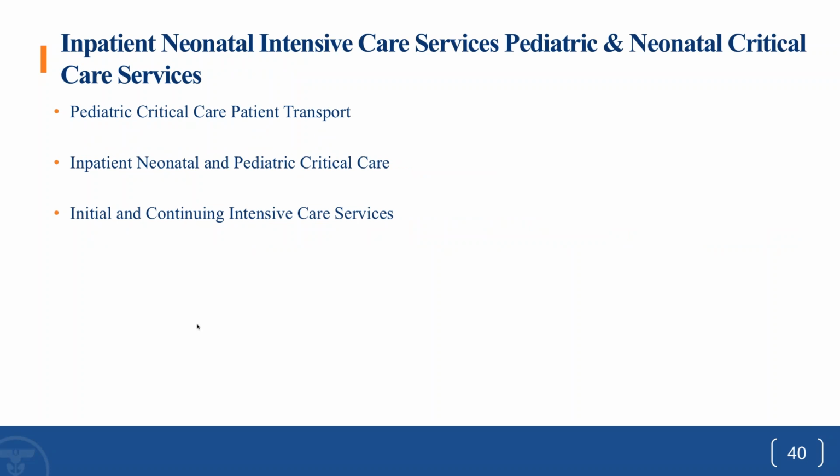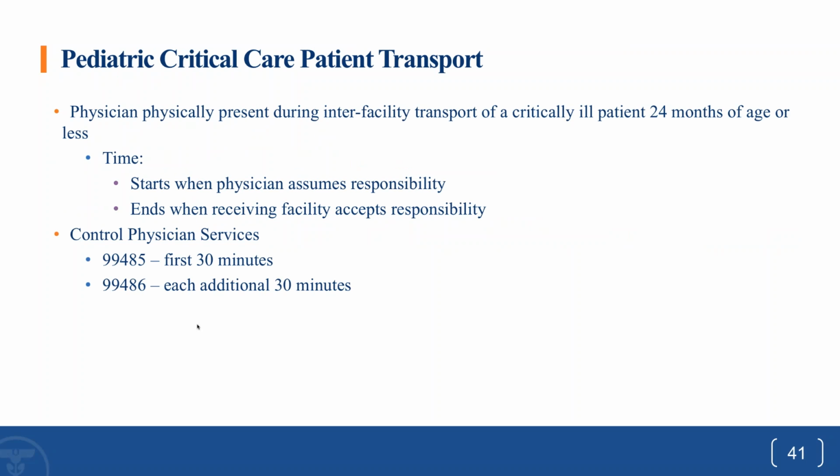On page 44 is where we start talking. Actually, this slide here where it says pediatric critical care transport, the provider, in order to bill that, there actually needs to be a doctor in the ambulance. Okay. And it's billed by increment of time.